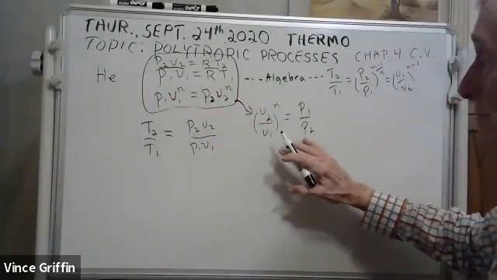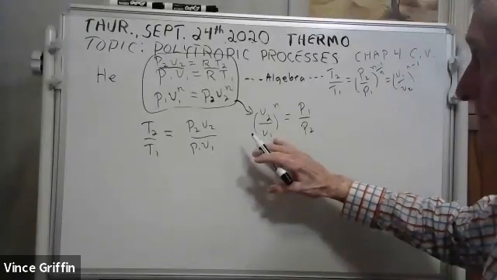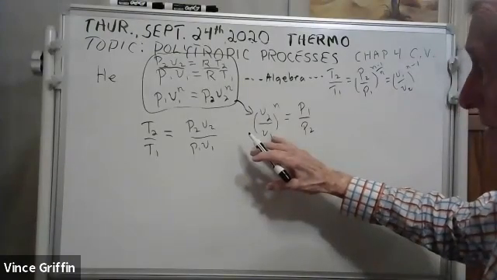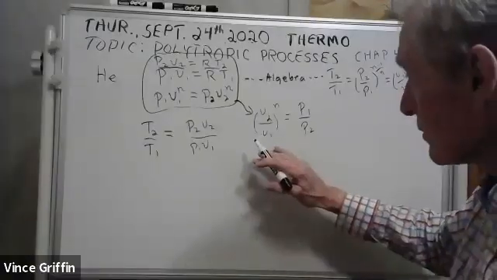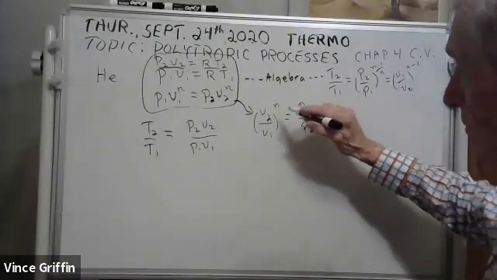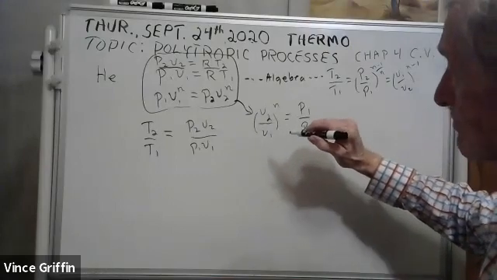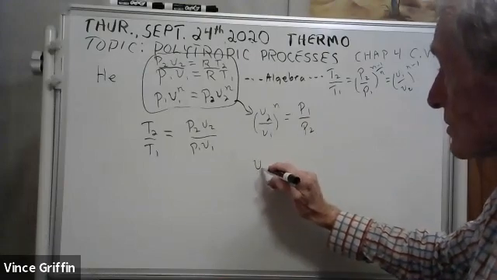Can you make it? Somebody say uh-huh. Yes. Anybody else? Can you make it from here to here? Yes, sir. Uh-huh. Good. Okay, now here's what I'm going to do. I'm going to take both sides to the power of 1 over n. That's legal. And so what you'll have is this here.